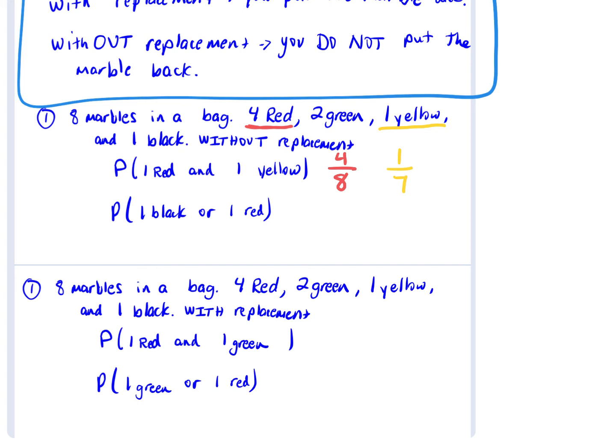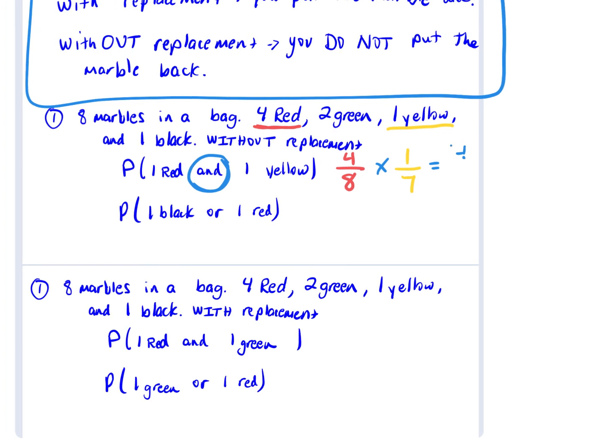Are we going to multiply these two together or add? Multiply, because it gives us that keyword and. So we multiply these two. So just multiply your numerators. We get 4 on top, and multiply the denominators. So 4 over 56.